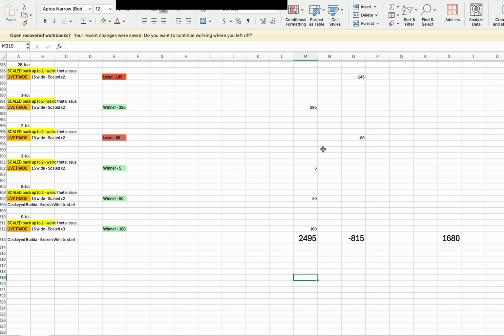Ever since we started to trade this with real money, these are real money trades, we've made $2,495. We've lost $815 with losers. And when we subtract the $815 losers from the $2,495 winners, this is our total profit, $1,680. And that's it. That's all she wrote.